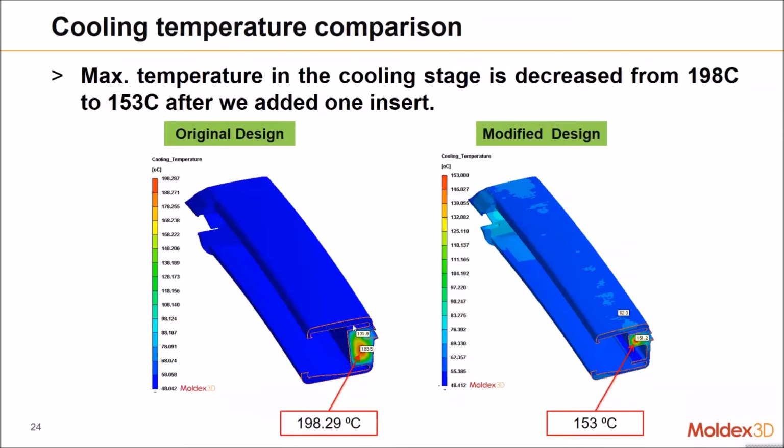The maximum temperature in the cooling stage decreased from 200 degrees C to 150 degrees C after we added one insert. The temperature range also decreased. For the original design, the temperature range is 50 degrees C to 200 degrees C, but after modifying the design, it's from 50 degrees C to 150 degrees C, which means we got a more balanced temperature pattern.